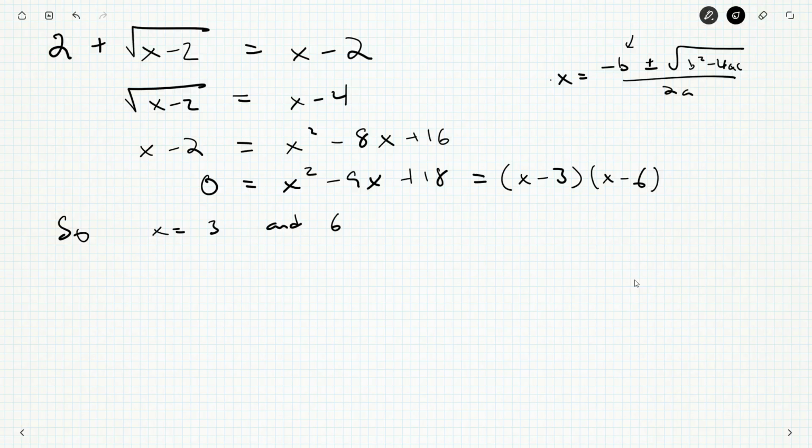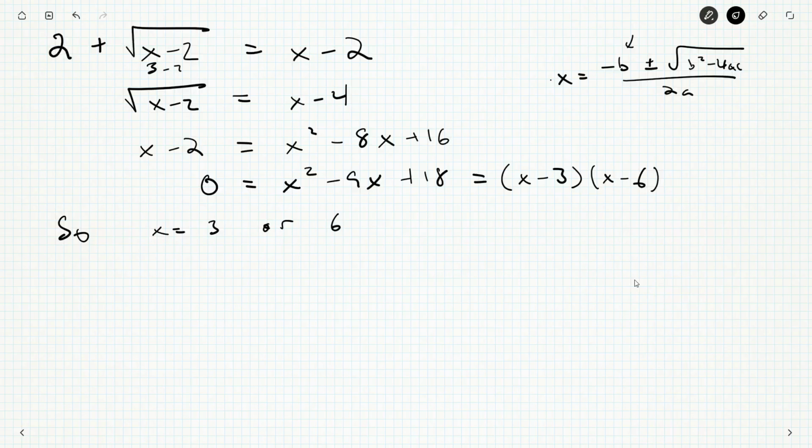Does this work though? That's sort of why I paused while I was writing. I still wrote and or. So yeah, plugging in 3 here, we get 3 minus 2. Square root of 1 though is not negative 1.